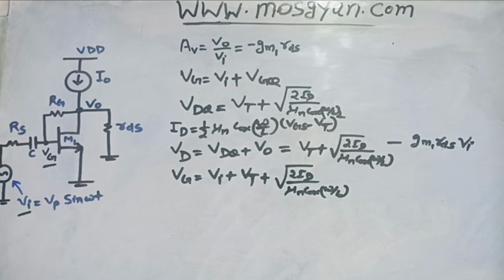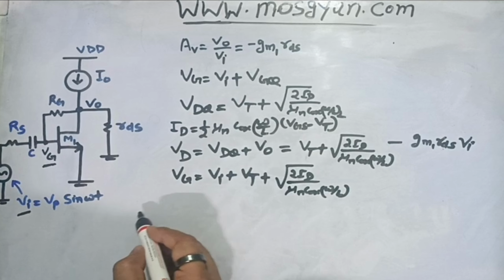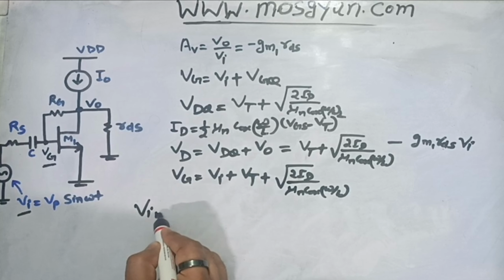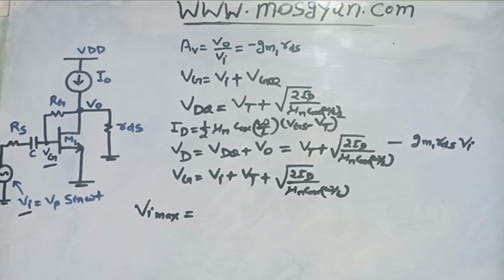Now we know the value of gate potential, we know the drain potential value. So let's try to understand the minimum and maximum value of input which this amplifier can support. Let's talk about the maximum one first. If this amplifier has to work, it will work in saturation mode.